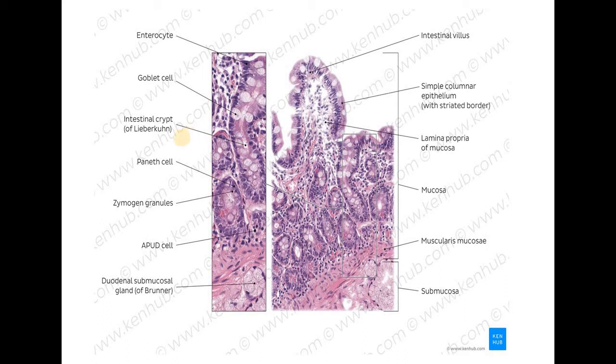The third layer of the mucosa is the muscularis mucosae, made up of layers of smooth muscle arranged with the outer longitudinal and the inner circular.